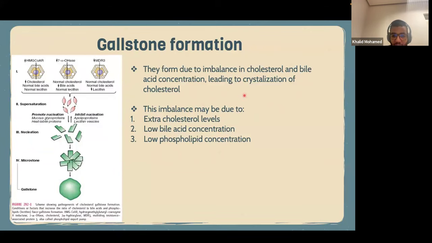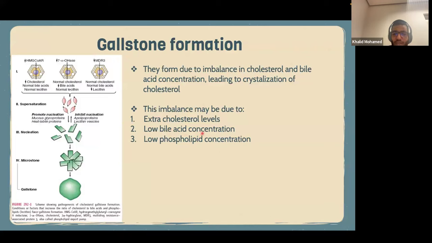So there are three main things. First of all, extra cholesterol levels. Someone with hyperlipidemia, someone with high cholesterol levels, basically old people, they have high cholesterol. And so that is a risk factor of forming gallstones. Another reason is low bile acid concentration.